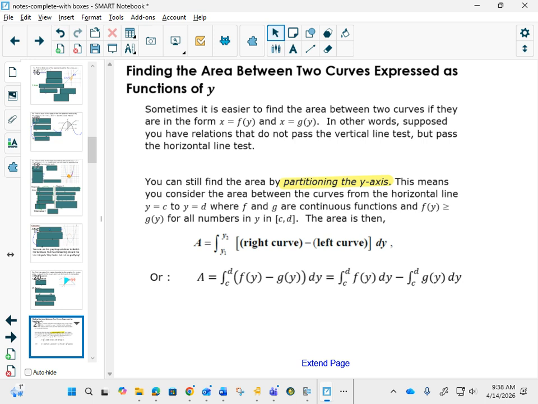And the idea stays the same. We've just changed our variable of integration. But sometimes a question becomes easier if you think about dealing along the y-axis rather than along the x-axis.